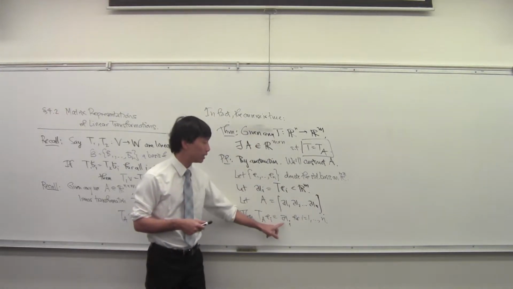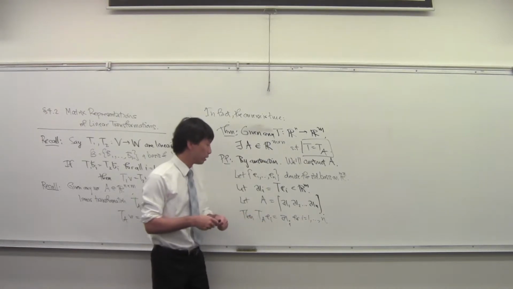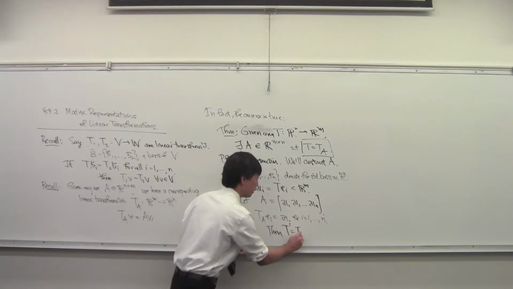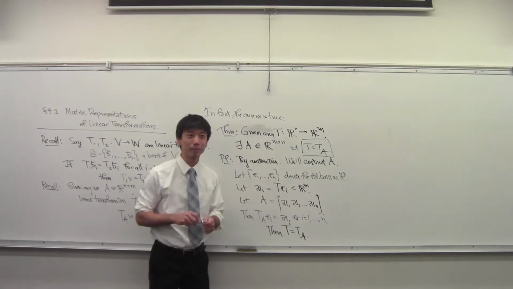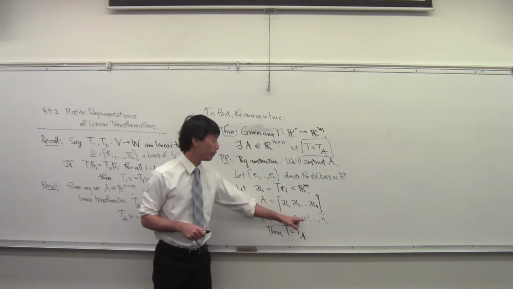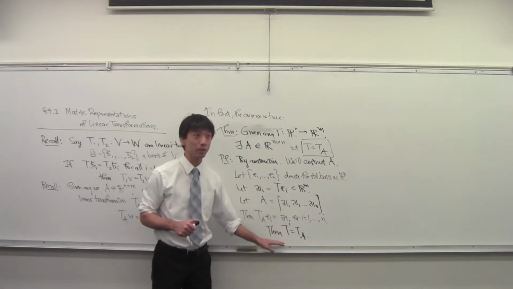T sub A of e_i is a_i. Then T and T sub A are the same. Why? T sub A of e_i is a_i for all these guys. Why are T and T sub A the same?